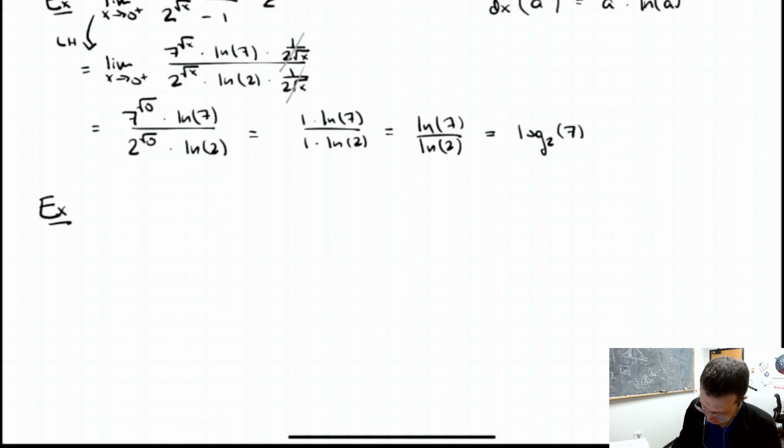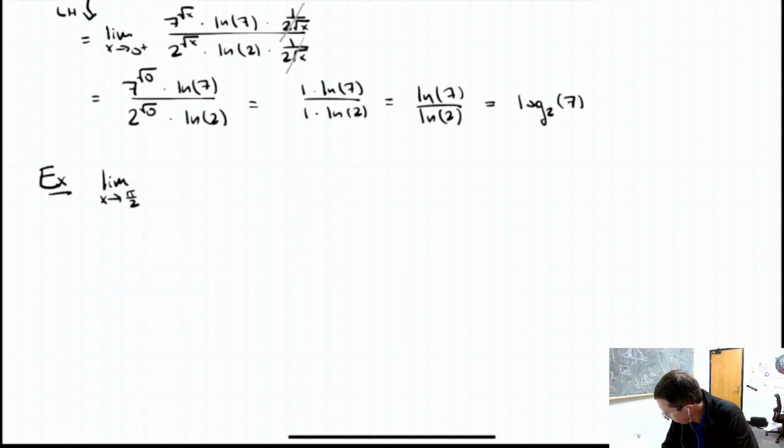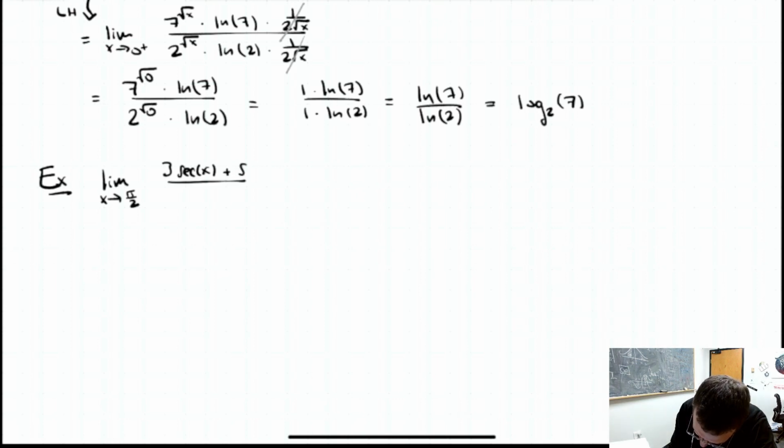Okay. I'm looking at the limit as x approaches pi over 2 of 3 times the secant of x plus 5 over the tangent of x.